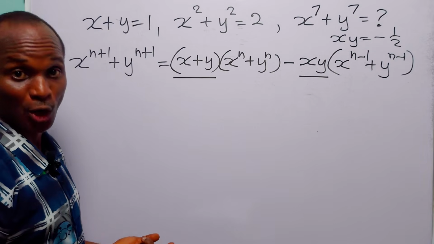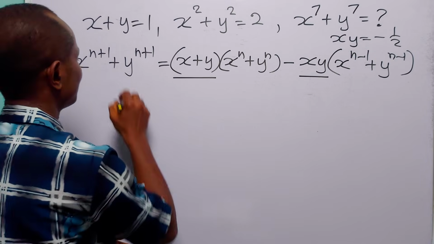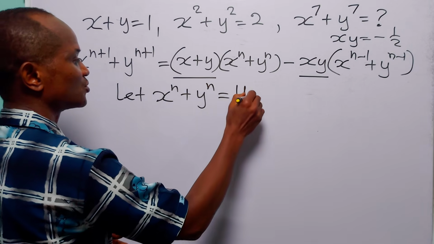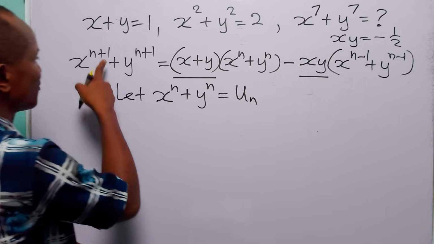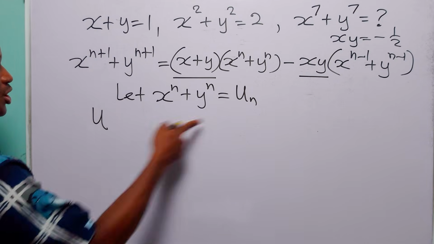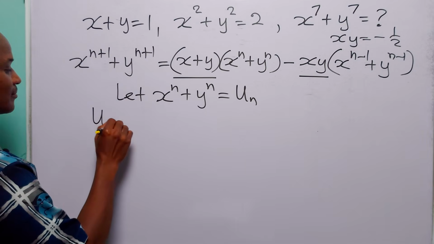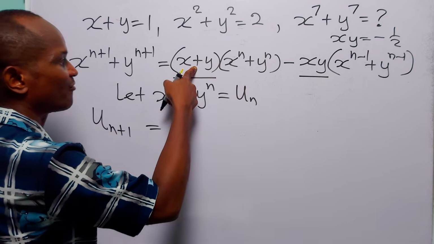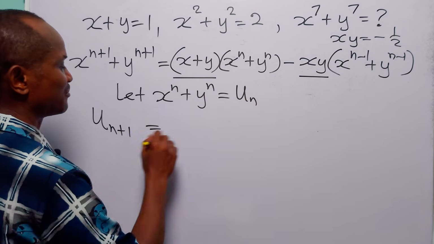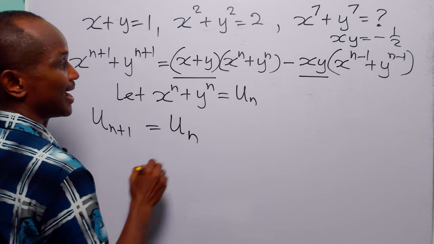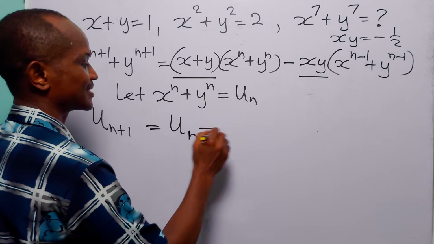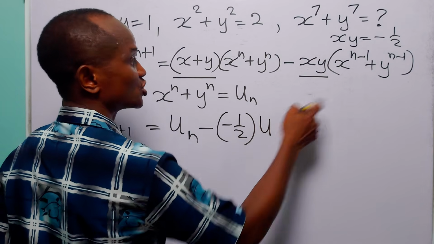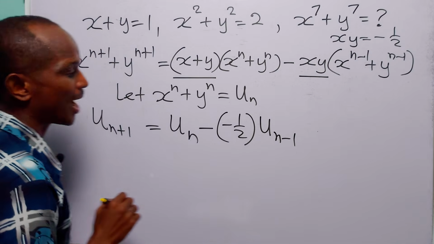Now, this equation may look complicated, but it's very easy to apply. Let x to the power n plus y to the power n be equal to u sub n. That means that we can now write u sub n plus 1 is equal to, you know that x plus y is 1, so here we have 1 times this, which can be written as u sub n, then minus xy, which is minus half, times u sub n minus 1.